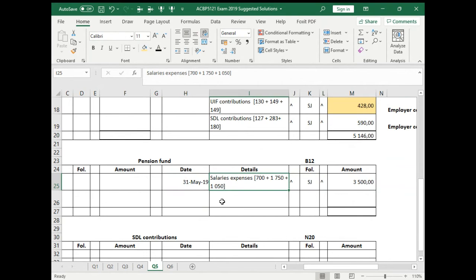Then the next item we capture is what did the employer now actually pay over. And that is called a pension fund contribution. So that's the additional expense your employer will have. Now in this scenario, they said for every 1 Rand we contribute as an employee, the employer contributes half a Rand. So that's why this value is only half of that.